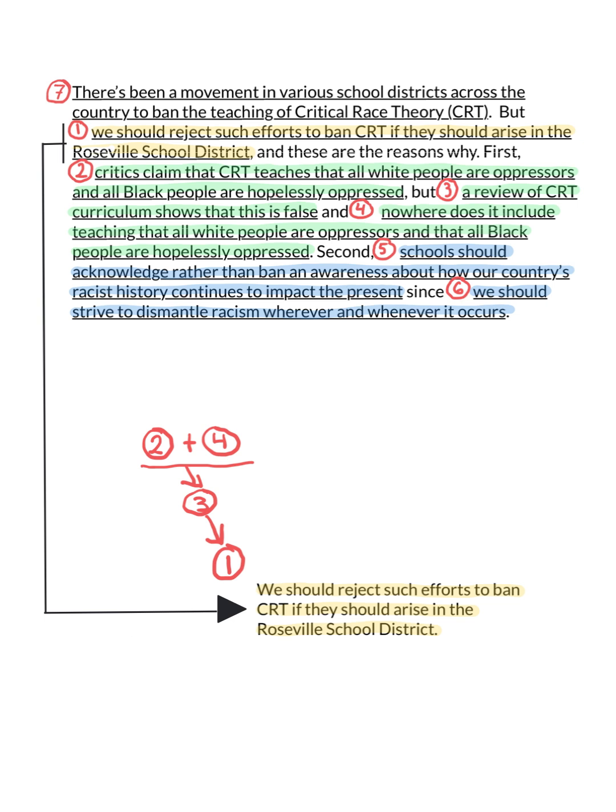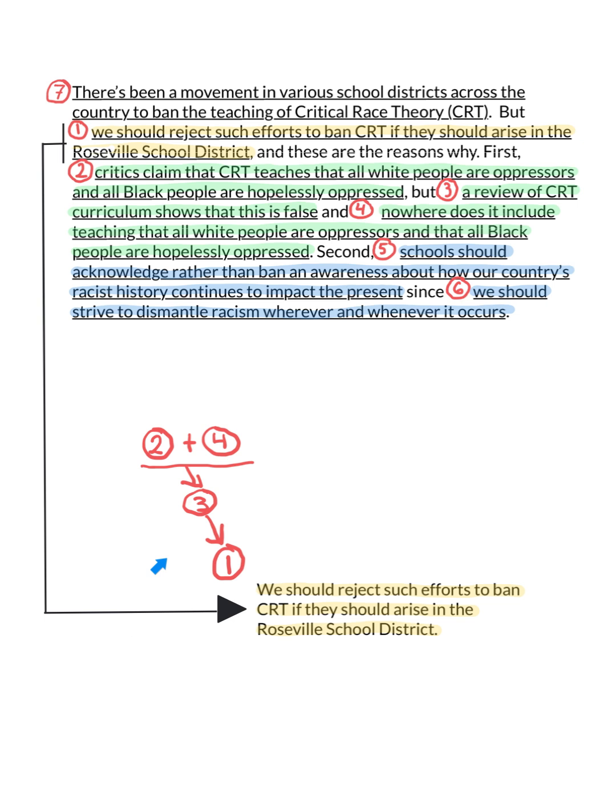Diagramming helps us cut through all that, and it helps us see the structure clearly, what supports what and what depends on what, and whether the overall structure actually holds up and gives us good reasons for the conclusion. In this particular sub-argument, it relies on some facts, namely what the curriculum of CRT entails.